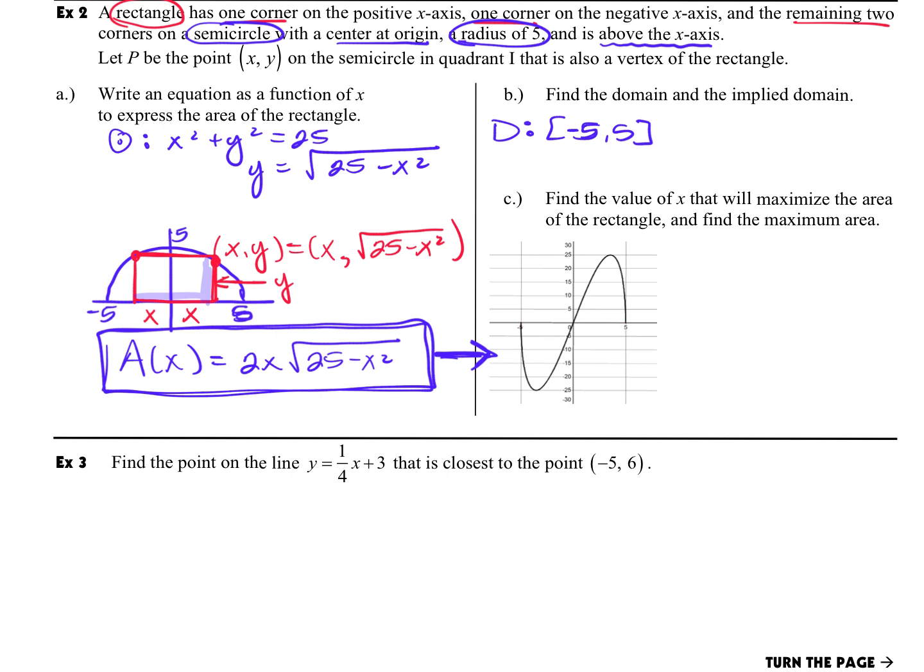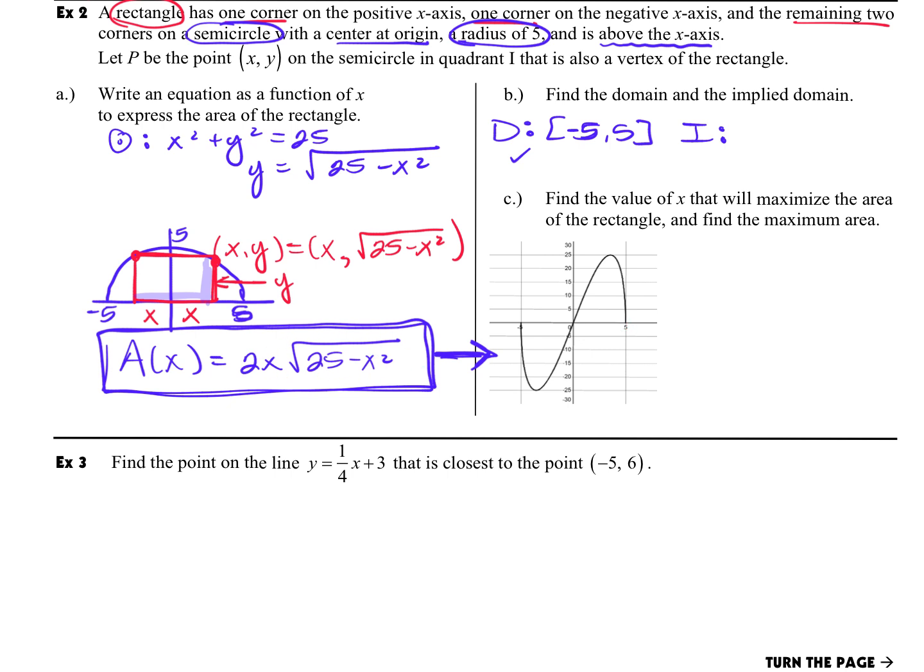So this makes sense. Now, implied domain says, what are the actual values for x that I can choose that will physically make this rectangle happen? I can't actually choose a negative value for x. So my only possible values for x can only be these positive values. But remember, if I choose 0 for x, my area will be 0.